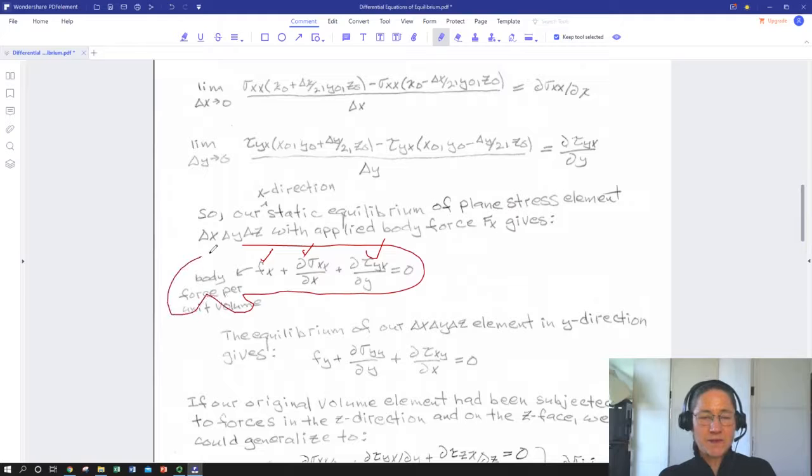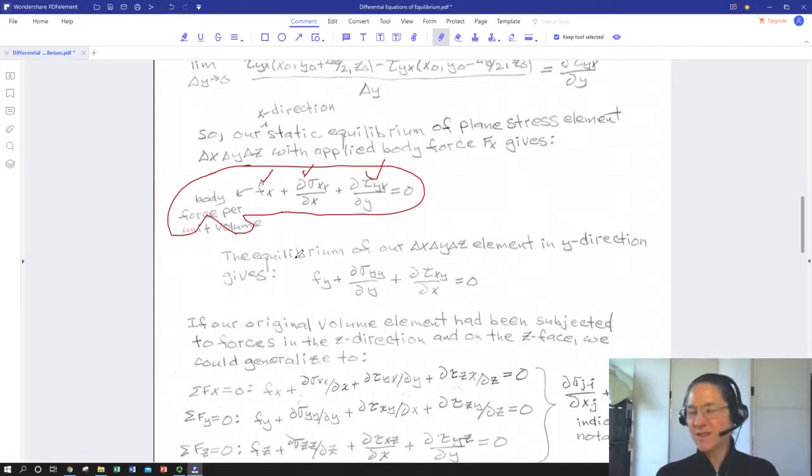So this is our differential equation of equilibrium, where F sub x is our per unit volume body stress in the x direction.